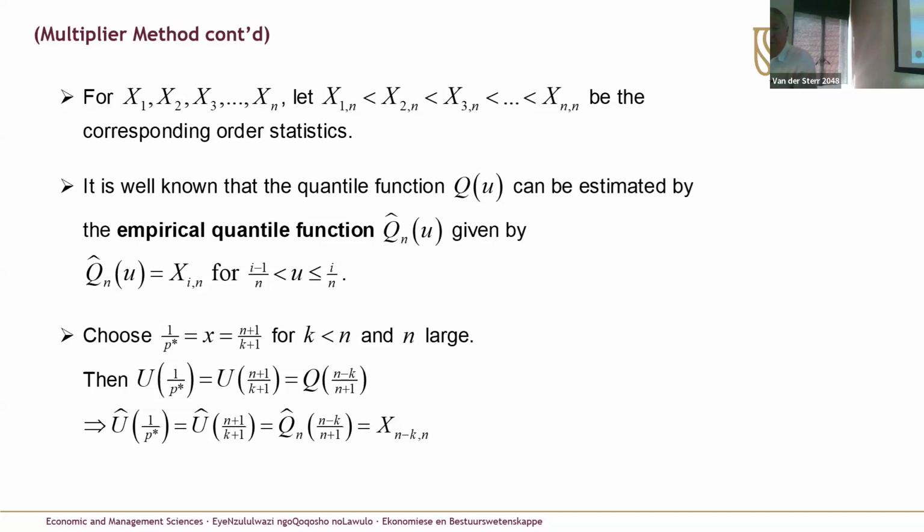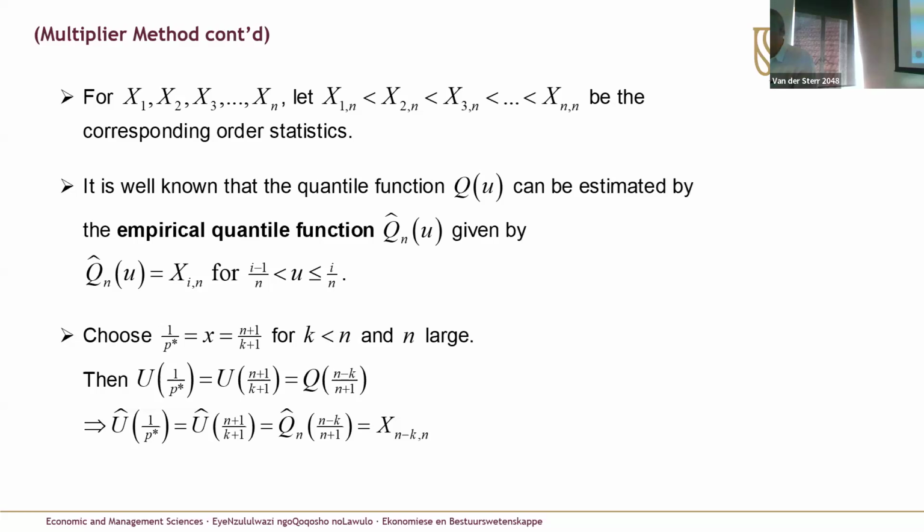So if I want to estimate this U at that point, which is Q at a different point, then I'll write 1 over P star. I choose P star as K plus 1 over N plus 1. So we have N large, we have K less than N, and we can estimate U hat 1 over P star by that particular order statistic. So that immediately gives us an order statistic.